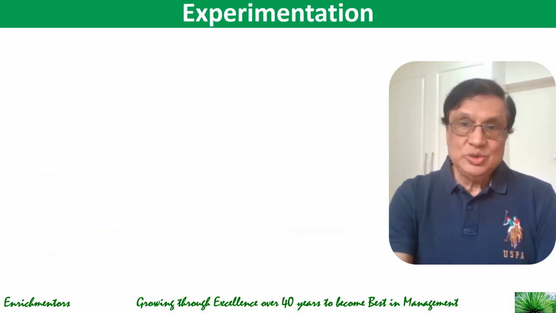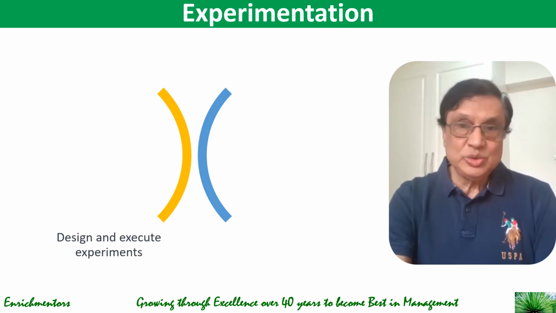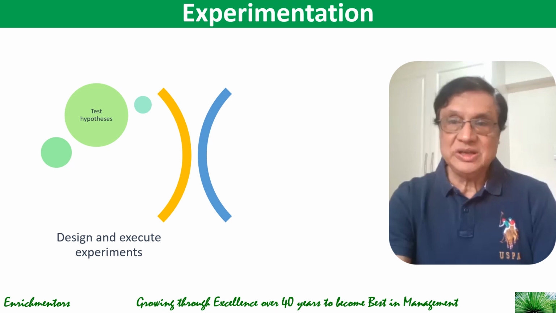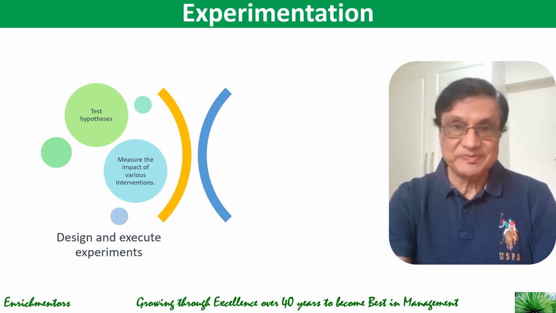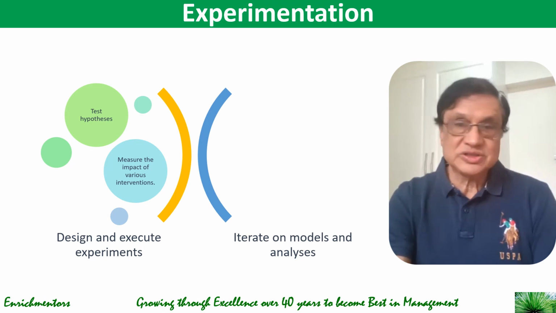In doing this, he or she needs to experiment a lot, and in that, the data scientist needs to design and execute experiments to test hypotheses and measure the impact of various interventions, and also iterate on models and analysis because no model is found right the first time, though we would like to have it that way. So iterate on models and analysis based on the feedback and the changing business requirements.